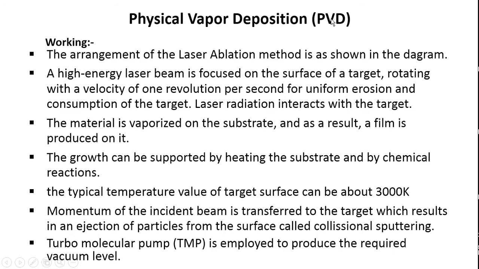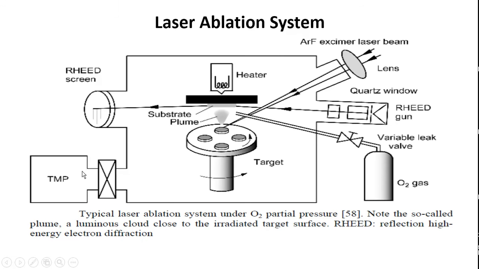So how does this particular system work? We have seen the arrangement of the laser ablation method. A high energy laser beam is focused on the surface of a target rotating with a velocity of 1 revolution per second for uniform erosion and consumption of the target. Laser radiation interacts with the target, so it gets heated up and the plume of the material is given.